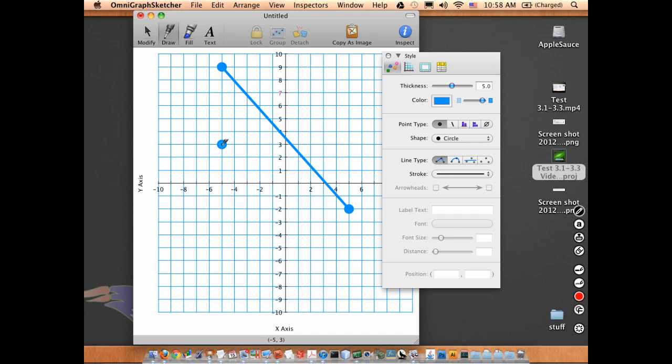So, what I have to do is go down 1, 2, 3, 4, 5, 6, 7, 8, 9, 10, 11. And then I have to run over 1, 2, 3, 4, 5, 6, 7, 8, 9, 10. Put the point, and now you can see clearly here that the lines are parallel. They have exactly the same slope. So if you know the slope of one, then the other line that's parallel has to have the same slope also. Okay? Does that make sense?